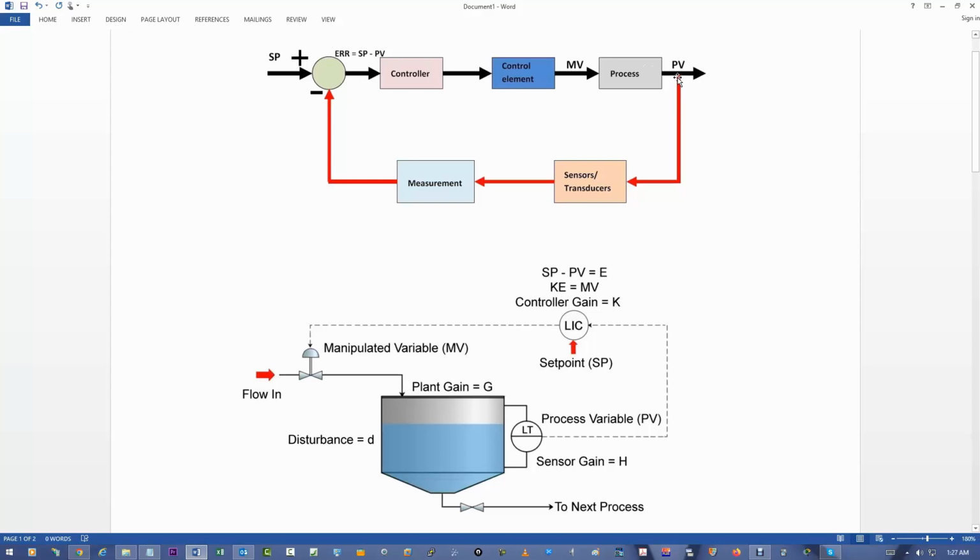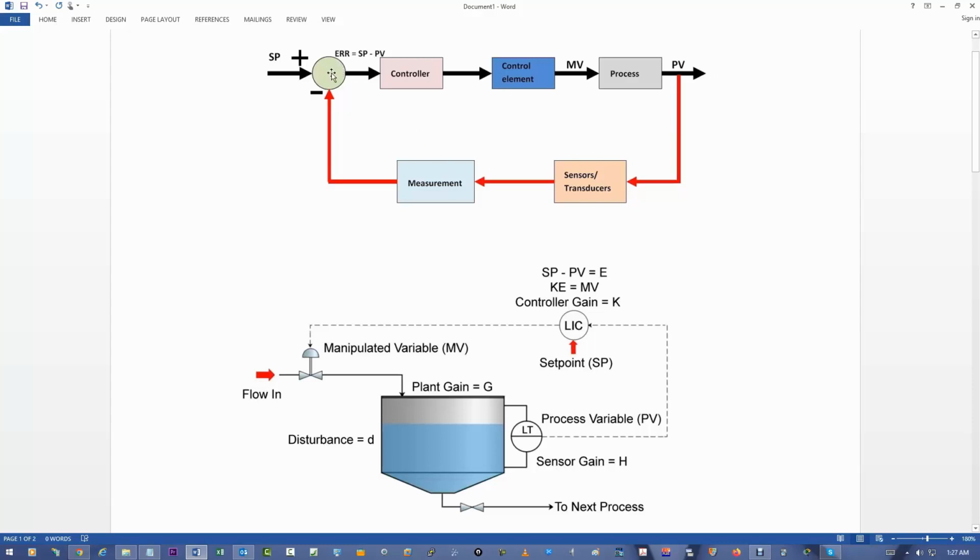But if we take the output and feed it back into the controller, this is a comparator. The comparator compares the process variable, which is Y, the output, to the set point, the input, which we're going to use as R. So we'll be using R as our set point in control theory, and Y as our output.